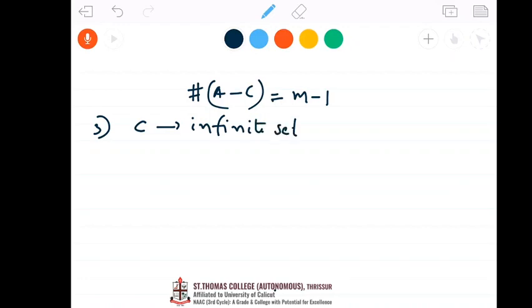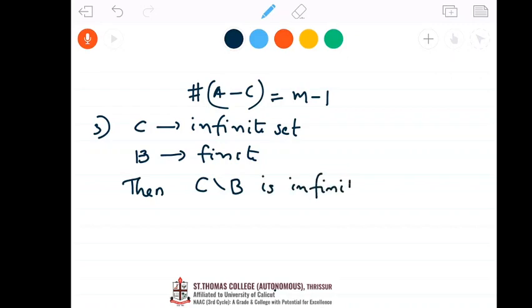and B is a finite set, the result says that C minus B is infinite. So we are given that C is infinite, B is finite, to prove that C minus B is infinite.